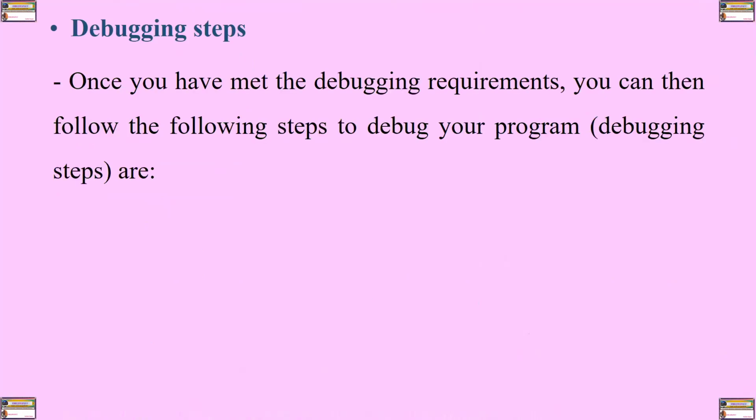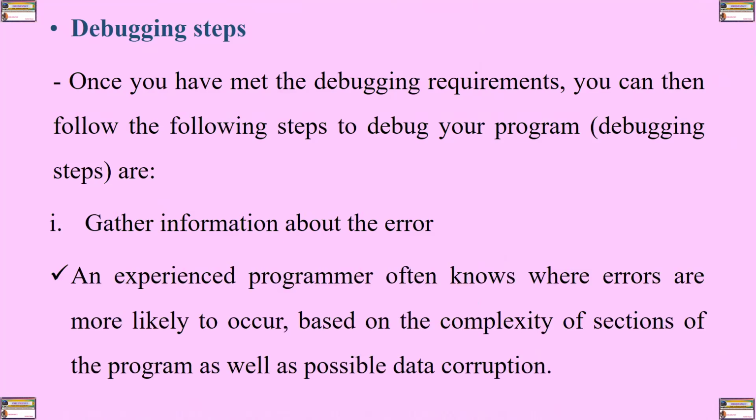What are the debugging steps? Once you've met the debugging requirements, you can then follow the following steps to debug your program. One, gather information about the error. An experienced programmer often knows where errors are more likely to occur based on the complexity of sections of the program, as well as the possible data corruption.